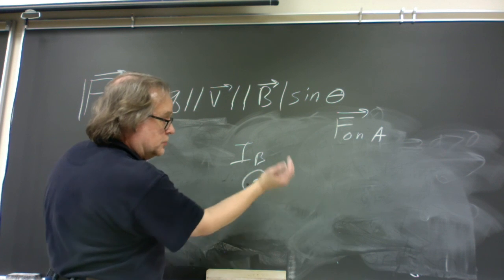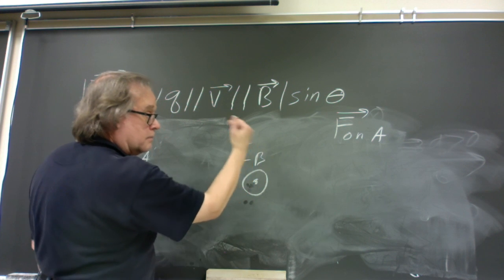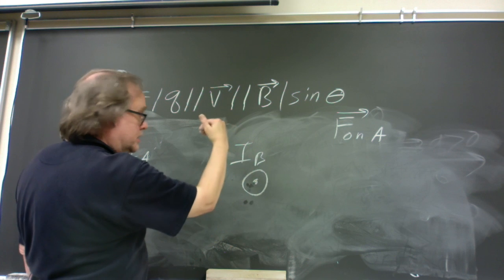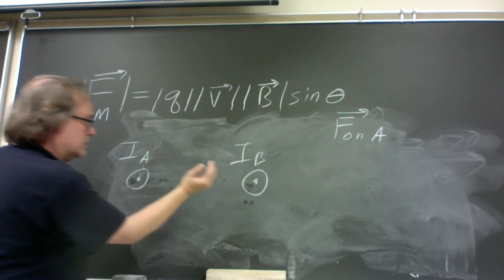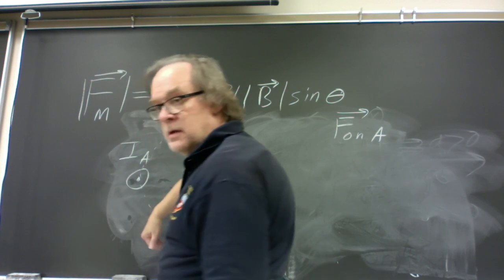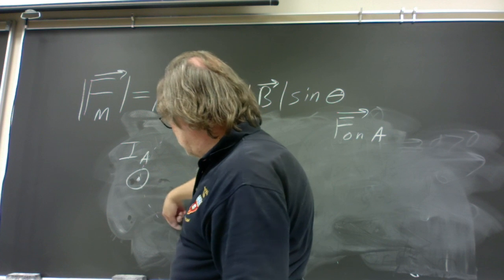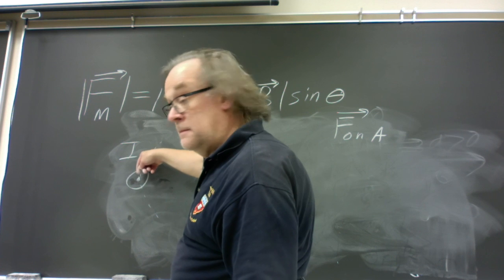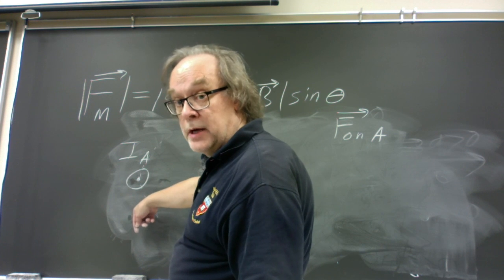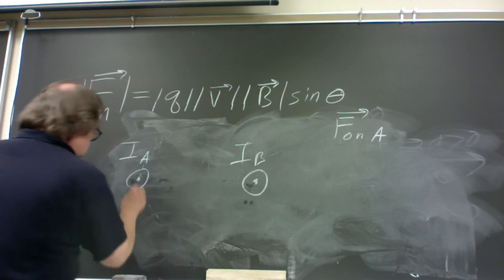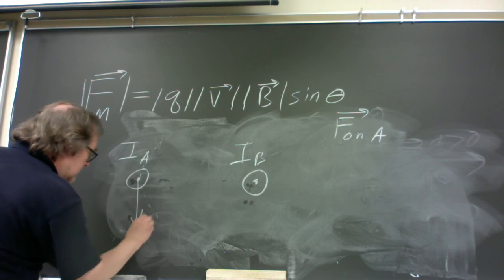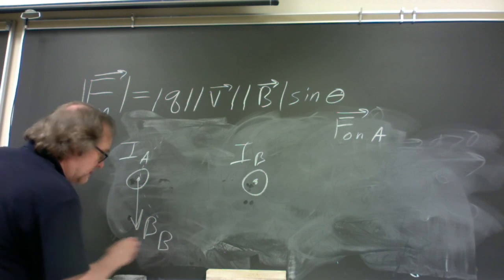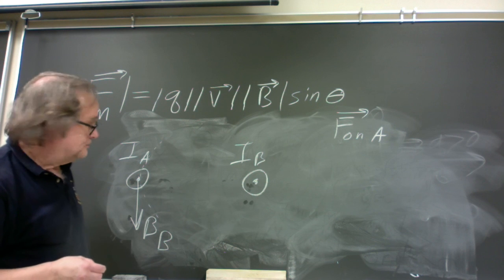For this current, the circular field lines are flowing counterclockwise. So at this point, the field lines flowing counterclockwise, meaning at this point, the field is pointing down, not up. That's the field caused by current B.